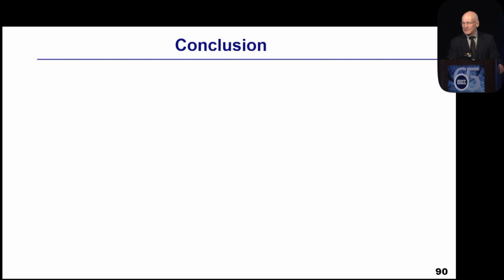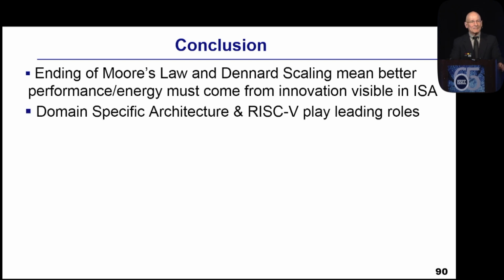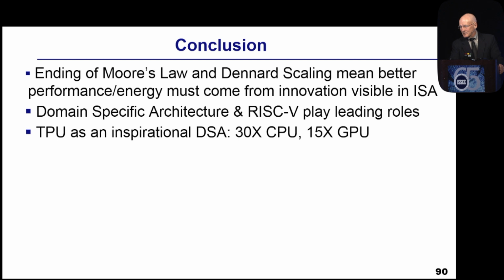Okay, the last slide, the conclusion, and wax philosophic here. This ending of Moore's law and Dennard scaling means performance and energy gains are going to have to come from innovations in instruction set design, something that's visible to the programmer and the compiler. I think domain-specific architectures and RISC-V are going to play a big role in this change in architecture.